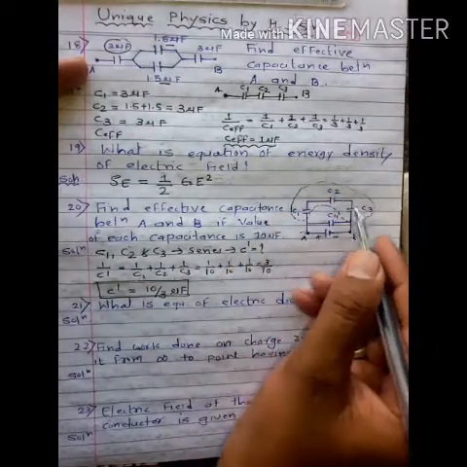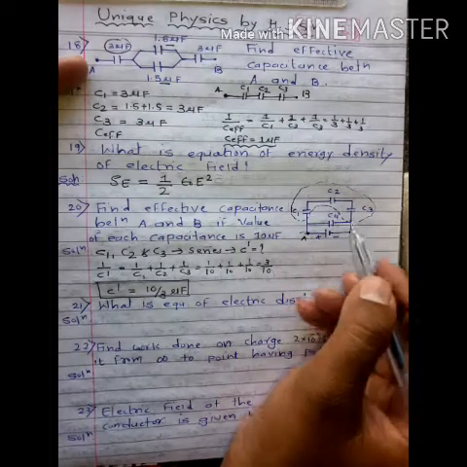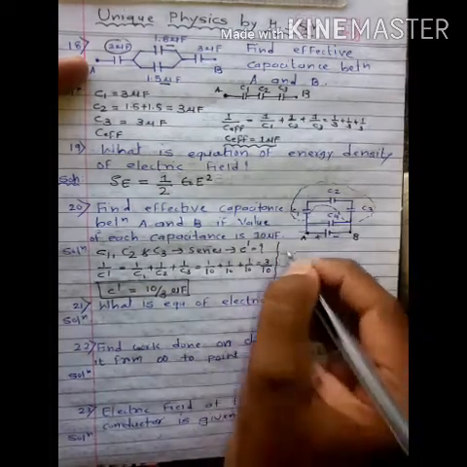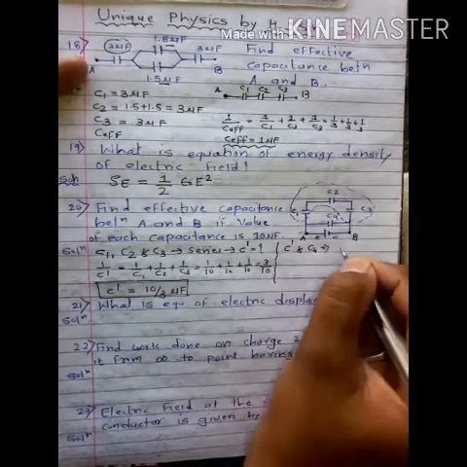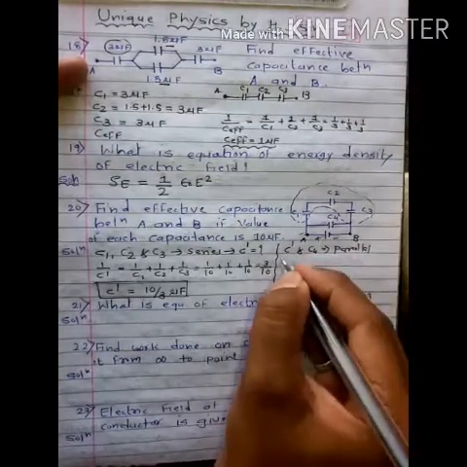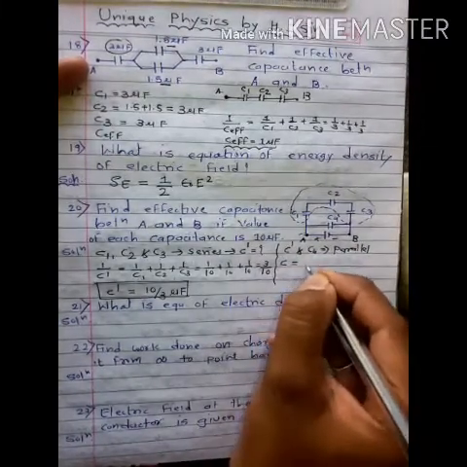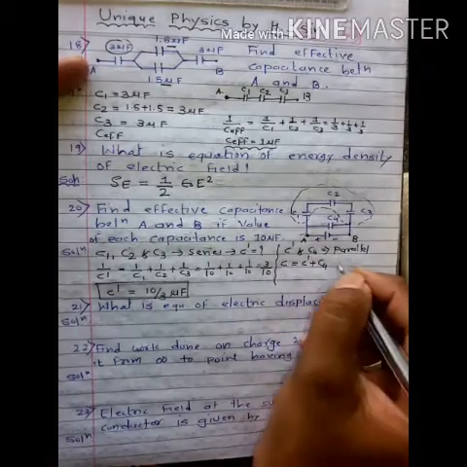Now these three capacitors are connected in parallel with C4. So in short, C dash and C4 are connected in parallel. So total capacitance is, suppose, C, and for parallel connection we use a simple sum, C dash plus C4.